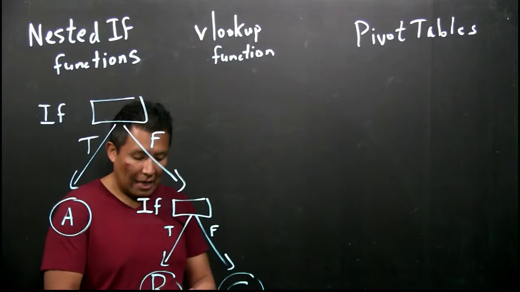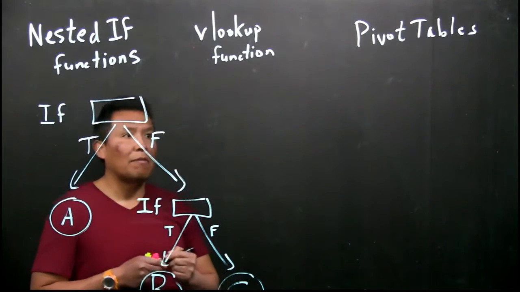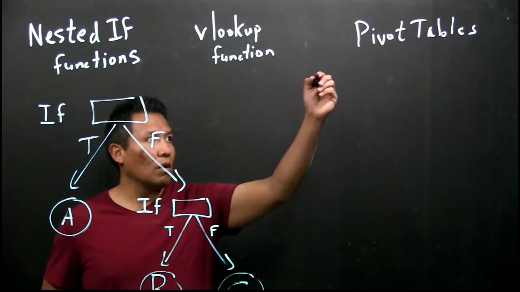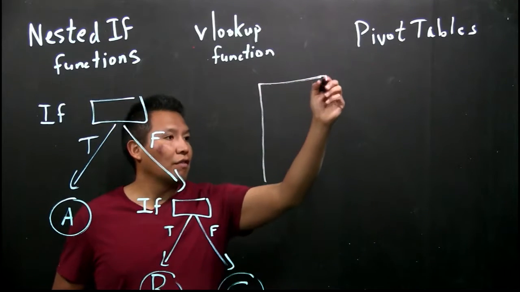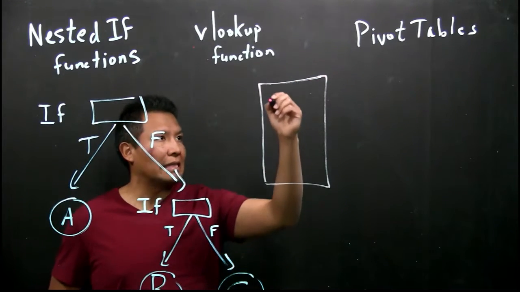With the vlookup function, this was a database type function that let you look up information from a reference table.